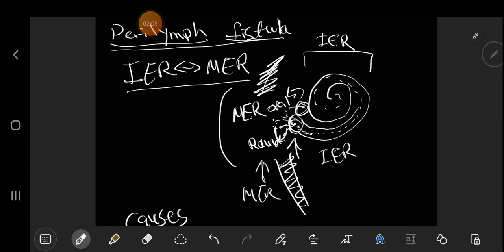The patient tries forcefully to open the Eustachian tube, but it doesn't work, so it changes the pressure in the middle ear such that the membranes, the oval window or round window, just rupture.